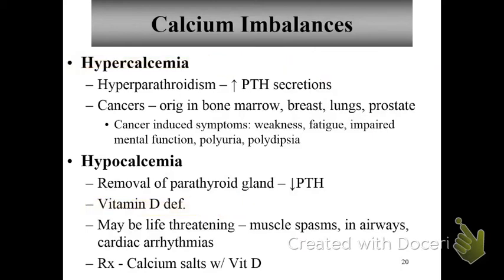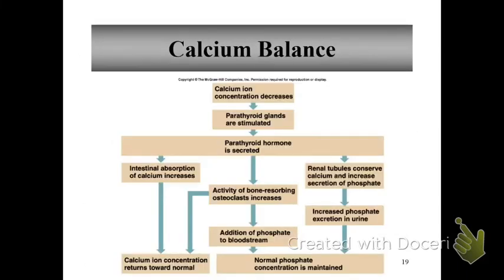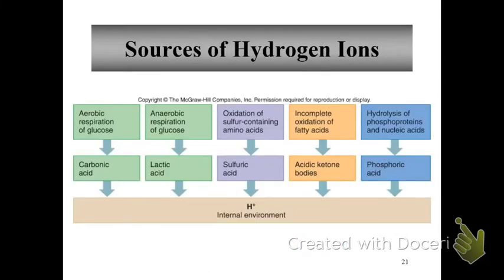Okay, so sources of hydrogen ions. And we already said at the very beginning of this PowerPoint, remember that acids are going to be your hydrogen ions. So this is going to maintain the pH. So the hydrogen ions actually do a lot.